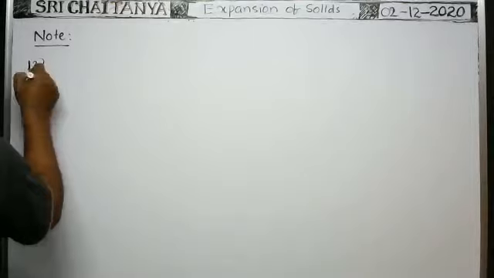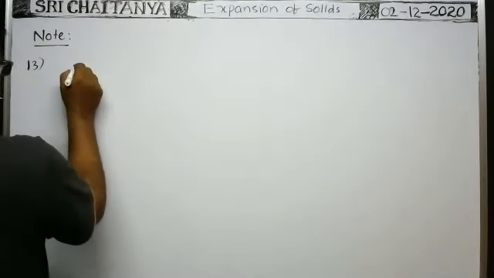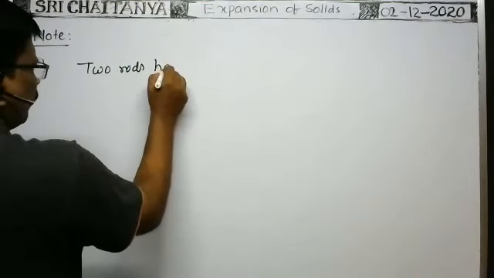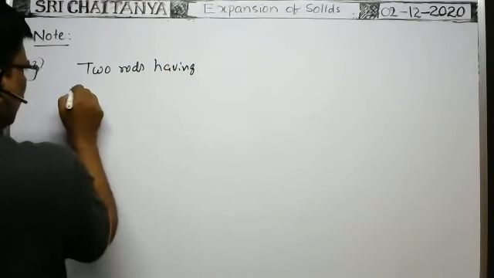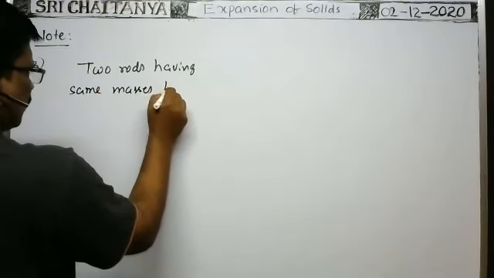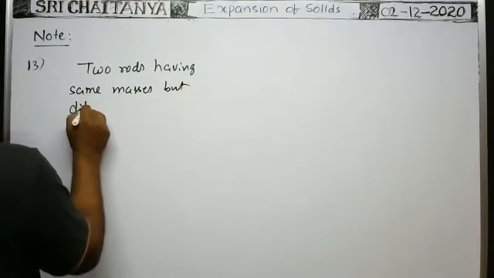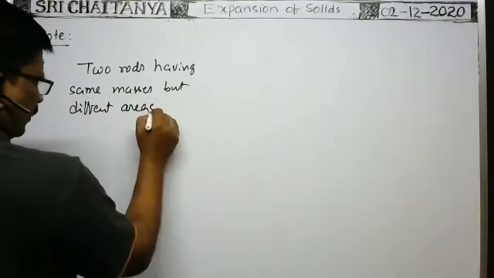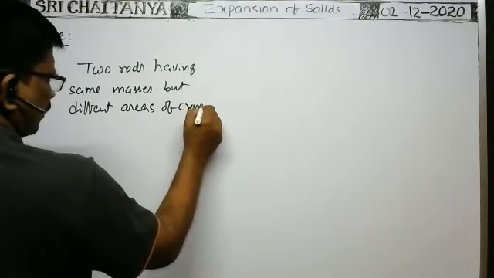The 13th one. Two rods having the same masses but different areas of cross section.